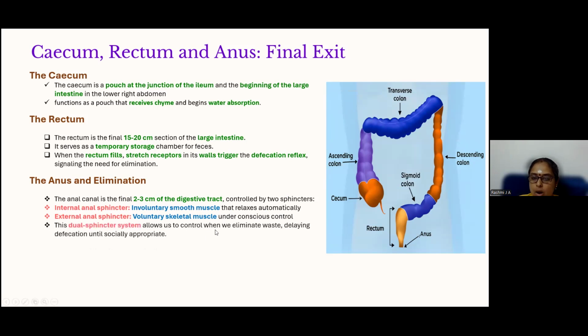These two allow us to control when we eliminate waste, delaying defecation until socially appropriate. So this is how civilization or evolution has happened. The normal feces composition: water 75%, bacteria both living and dead, then undigested fiber, fat, dead cells and mucus.